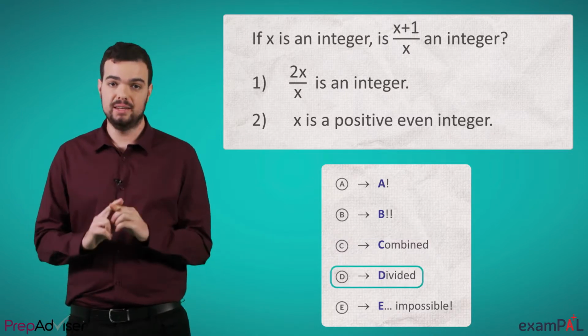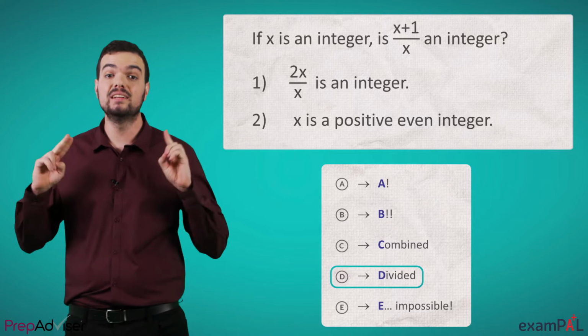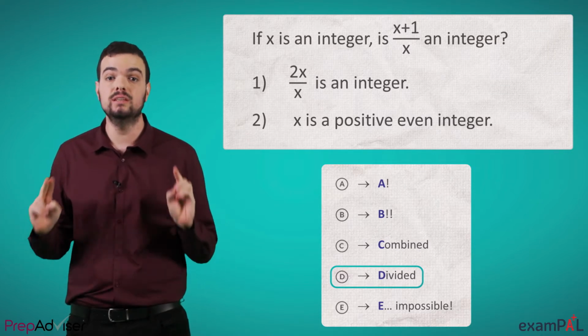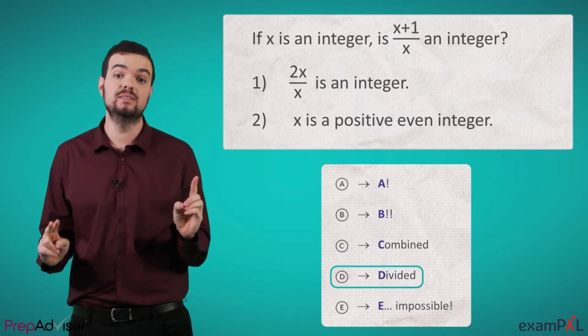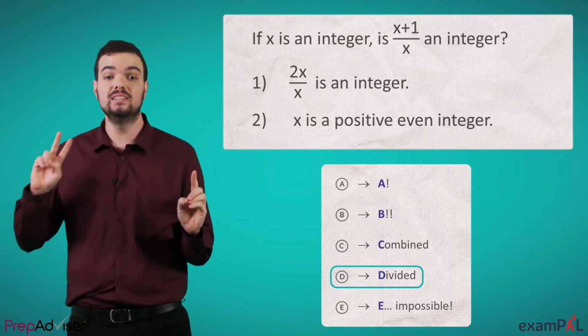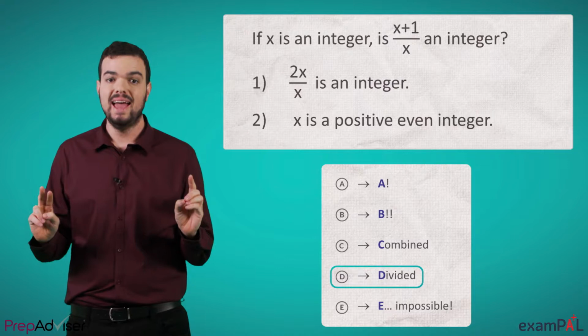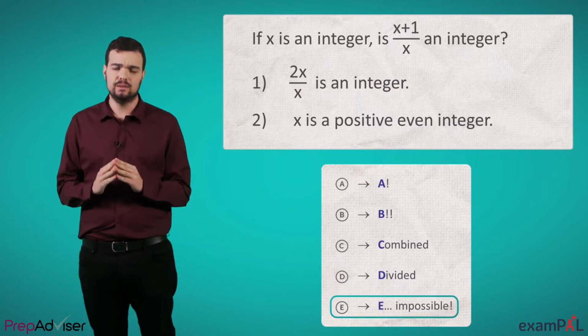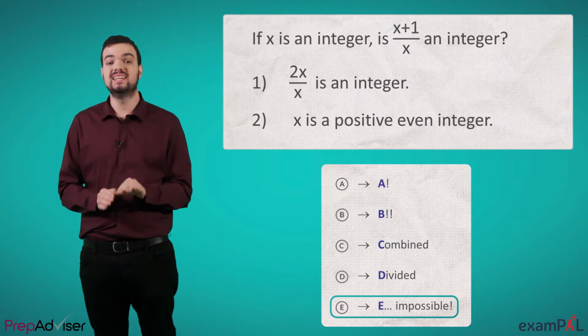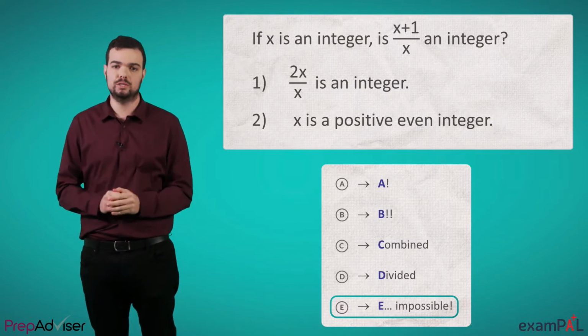D, divided. Each statement on its own gives us sufficient information to answer the question. Statement 1 is enough on its own, and statement 2 is also enough on its own. And E, impossible. The data given, even when combined, is insufficient to solve the question.